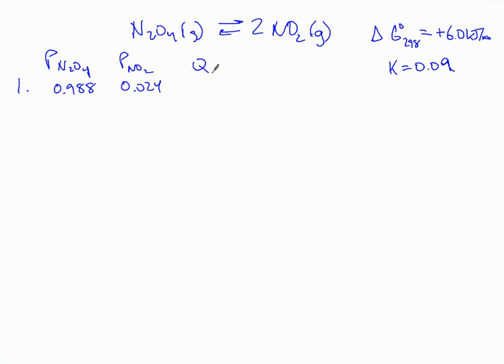For this reaction, the equilibrium expression is pressure of NO2, and this one's squared because of the coefficient, over pressure of N2O4. And so we're going to plug our numbers into this and just verify that I wrote this down right.